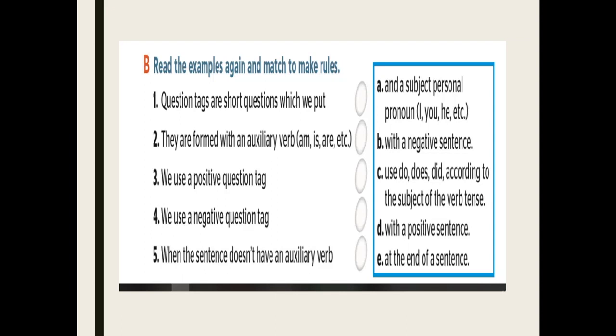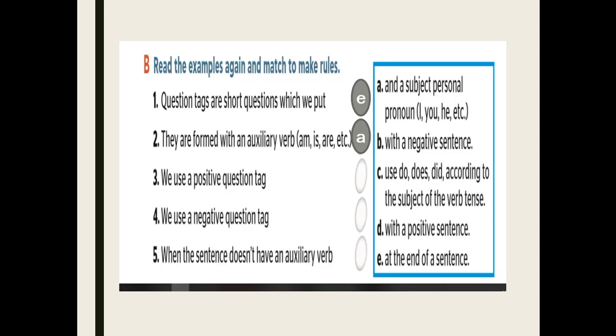Question tags are short questions which we put at the end of a sentence. Correct. They are formed with an auxiliary verb, am, is, are, etc. and a subject personal pronoun. I, you, he, she, it, they, etc.